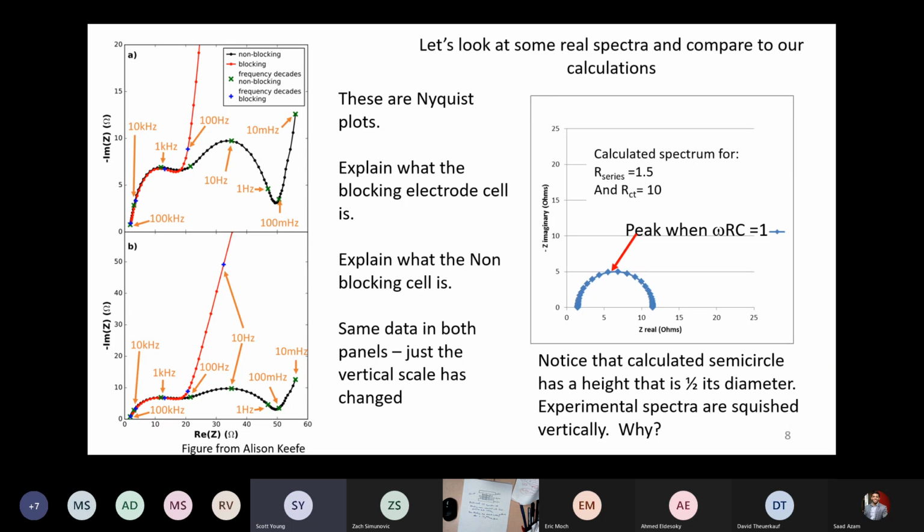The height of that circle, and the reason why they kind of give you trouble when you try to make the axes different, does that have to do with the open circuit potential? No, it has nothing to do with open circuit potential. They're just used to looking at impedance spectra that are plotted on equal axes. When you look at thousands of them plotted on equal axes, you say, oh, that's a perfect semicircle.